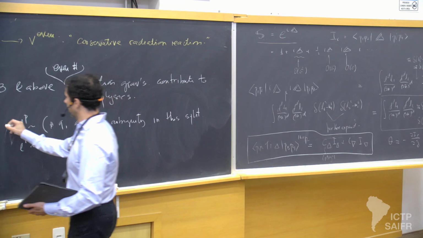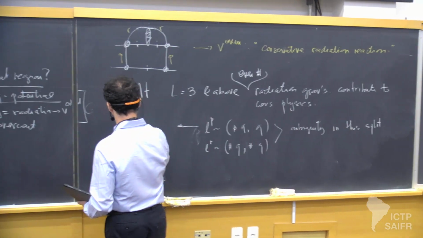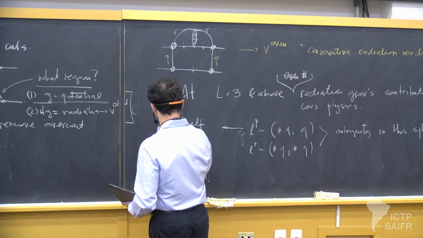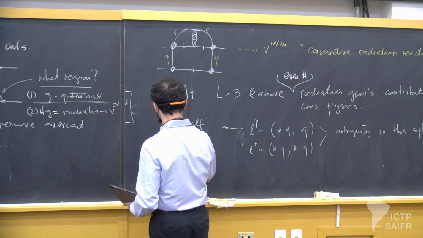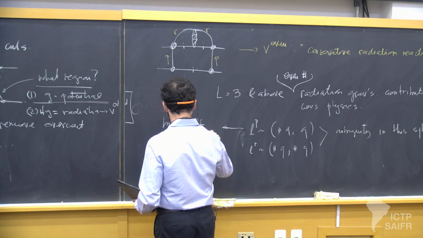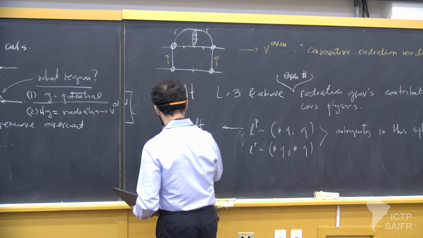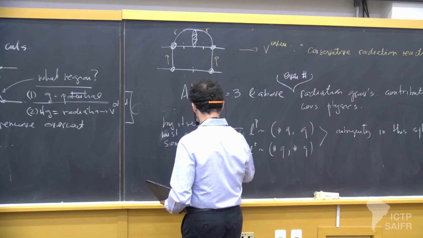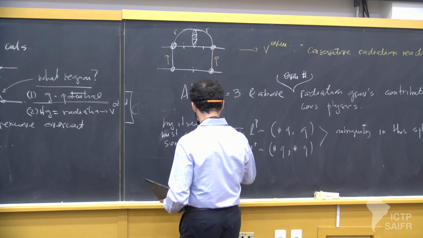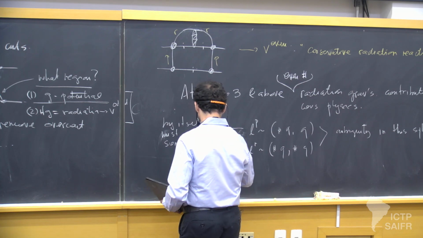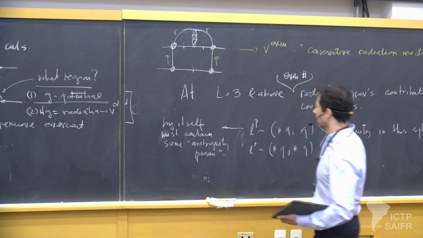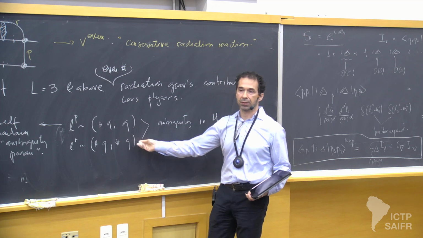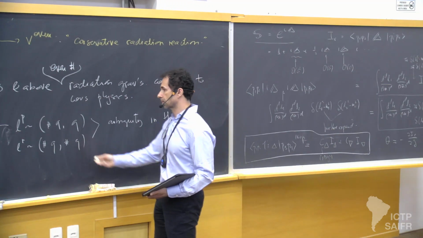So this by itself must contain some ambiguity parameter, and the cancellation of this ambiguity parameter will require us to include the extra region.